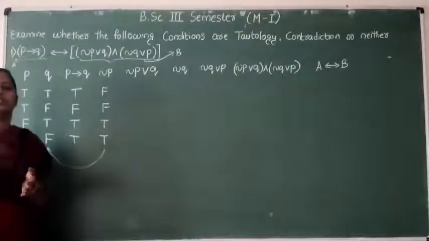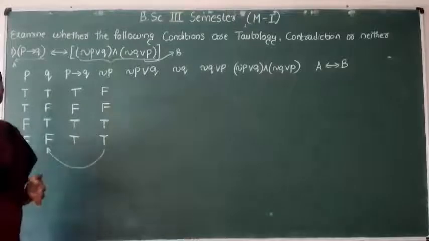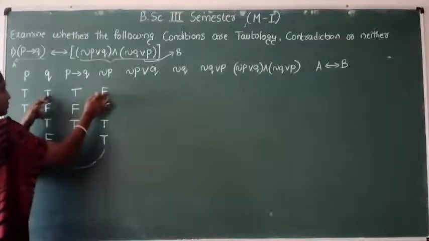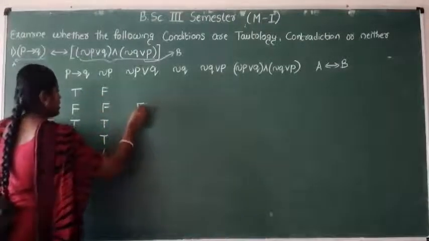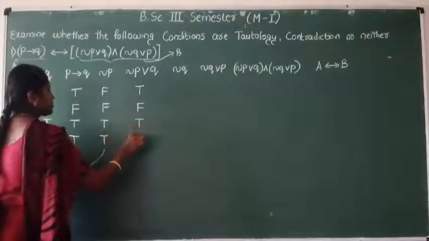If both are false, then it is false. In other cases, it is true. First condition: both are not false. Second condition: both are false, hence it is false. In other cases, it is true.